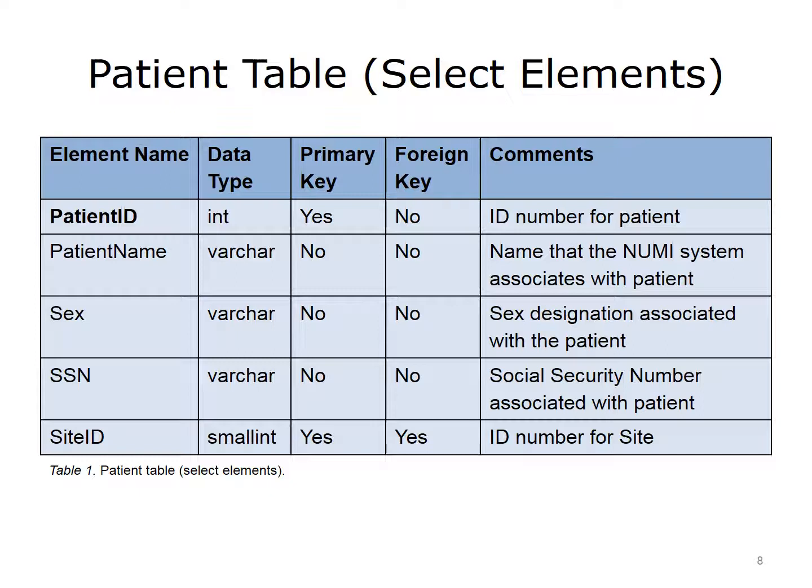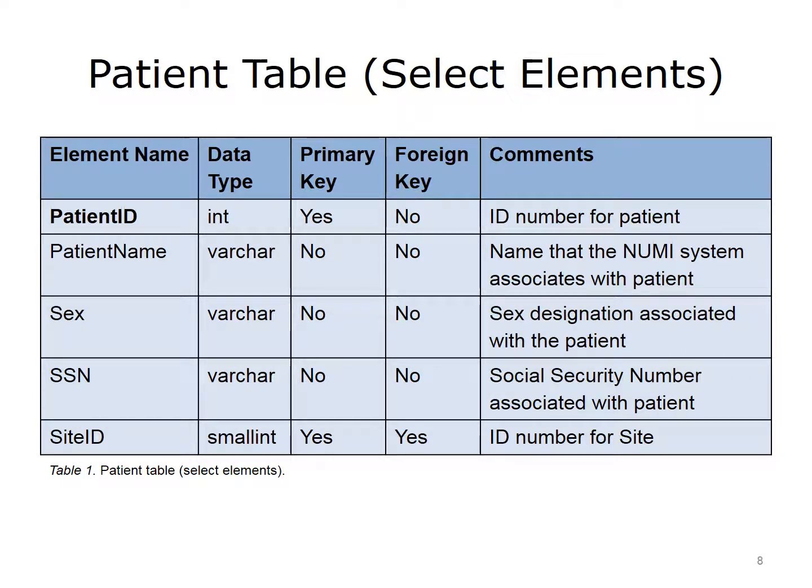The first element, Patient ID, has an int data type. This field is the primary key for the table and represents the ID number for the patient. Note that the element name is in bold as it is the primary key for the table. The next 3 elements are varchar fields that store the name, sex, and social security number of a patient and are not primary or foreign keys.